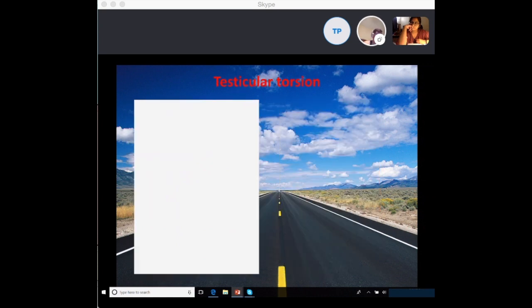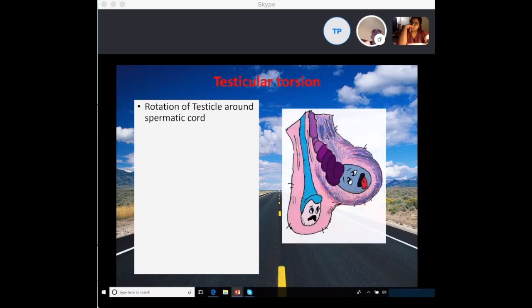Okay, so now we have testicular torsion. This is when we have an abnormal twisting of the testicle around the spermatic cord. Because of this, we're going to have a lack of venous drainage from the organ, and it becomes hypoxic.